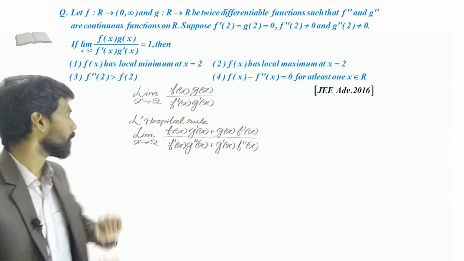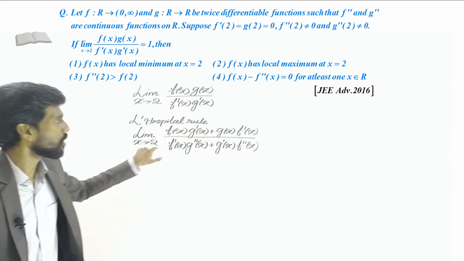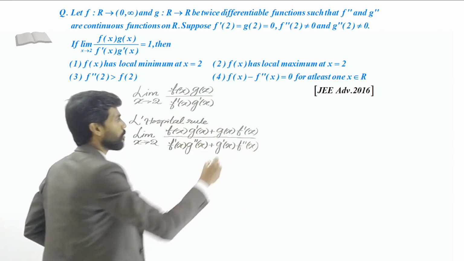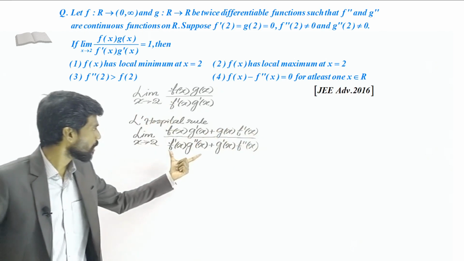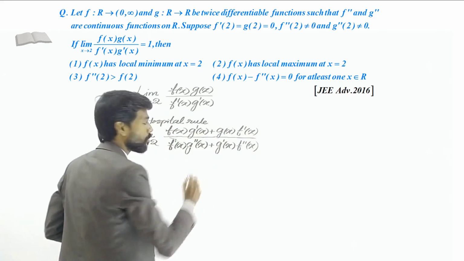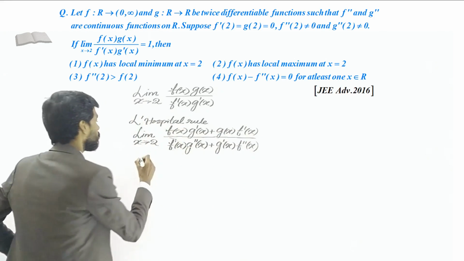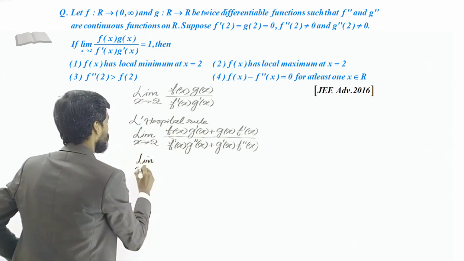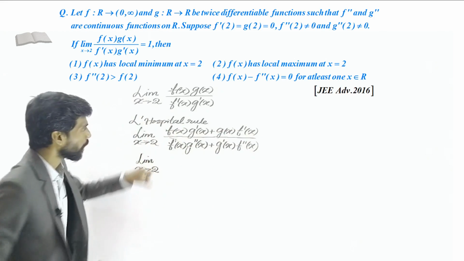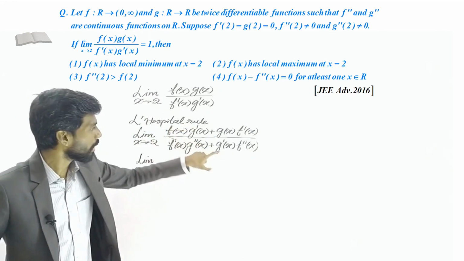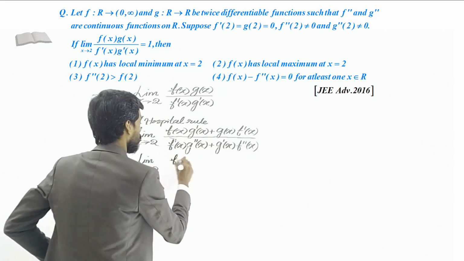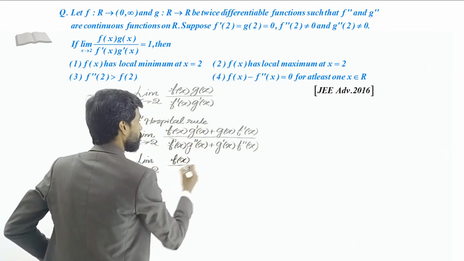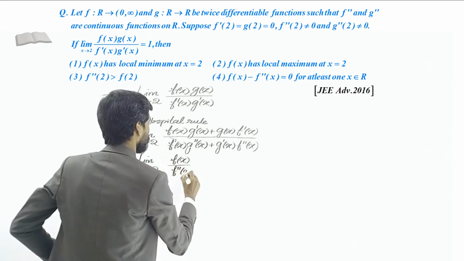Now you substitute the limit. If you substitute 2, g of 2 is 0, so this term will become 0. Similarly in the denominator, f dash of 2 is 0, so this term becomes 0. Now you divide, so we get limit x tends to 2 of f of x g dash of x divided by g dash of x f double dash x. The g dash cancels, so we get f of x divided by f double dash x.